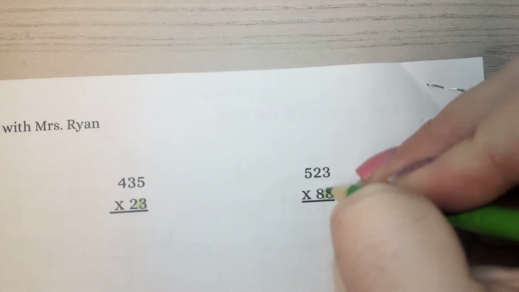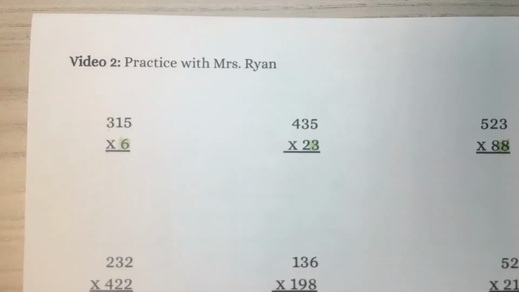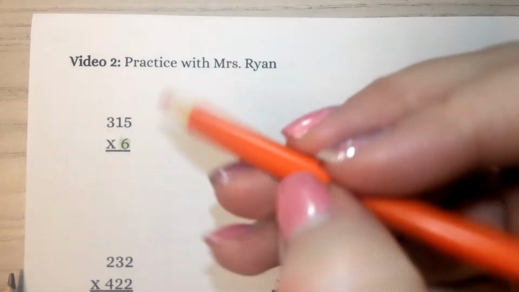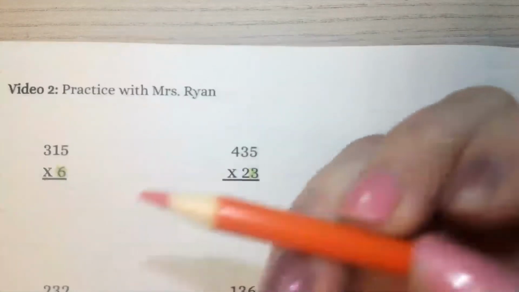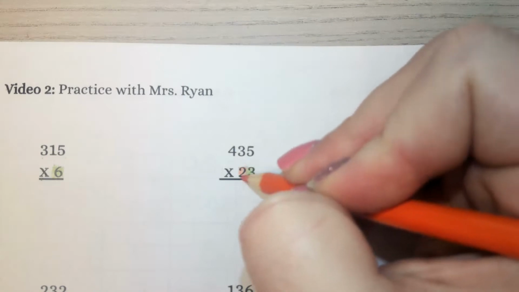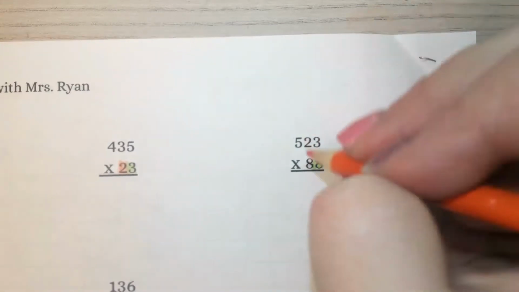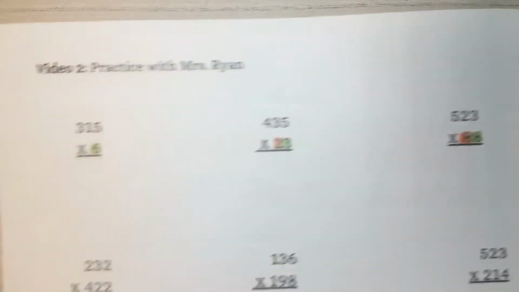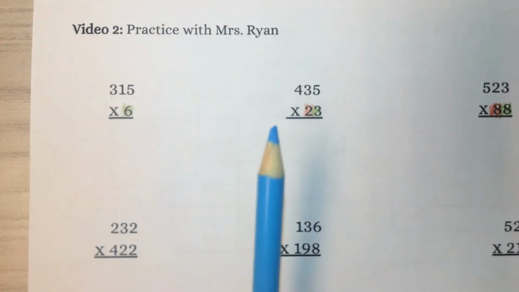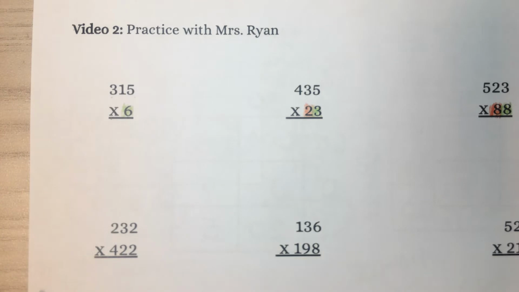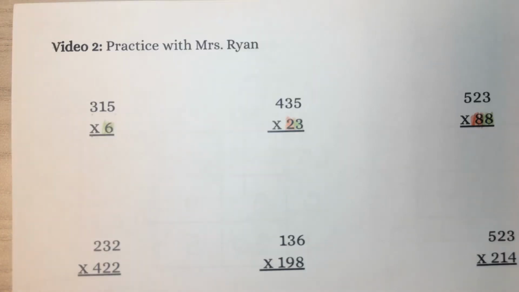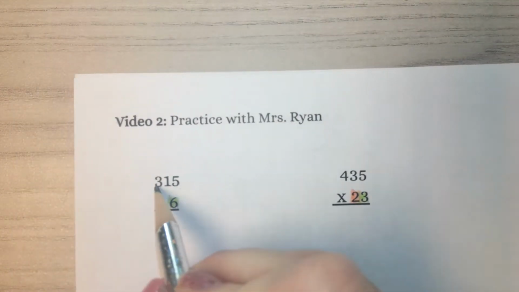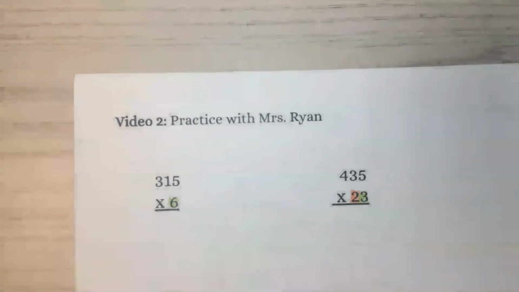That way I don't have to worry about this top row later. Then I'm going to do the tens place in orange. This 2 is in the tens place, and this 8 is in the tens place. Later, I'm going to use this blue one for the hundreds, but I'm not going to worry about that right now. So let's go ahead and first practice with this triple digit multiplied by a single digit.